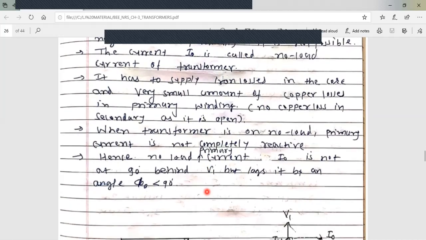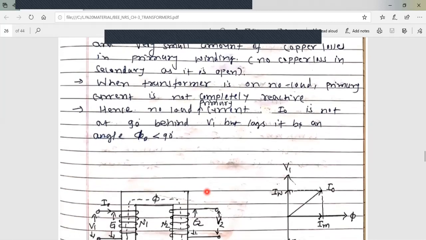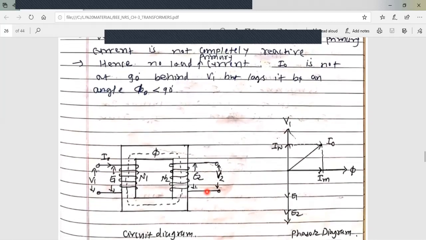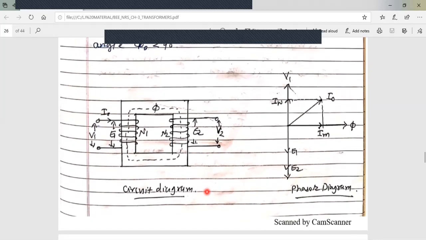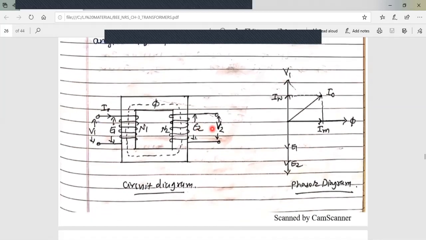Now we see the figure of the practical transformer. Here is the circuit diagram. Here we can see that we have not connected any load to the secondary. The secondary is open. That's why it is known as a practical transformer on no load condition.